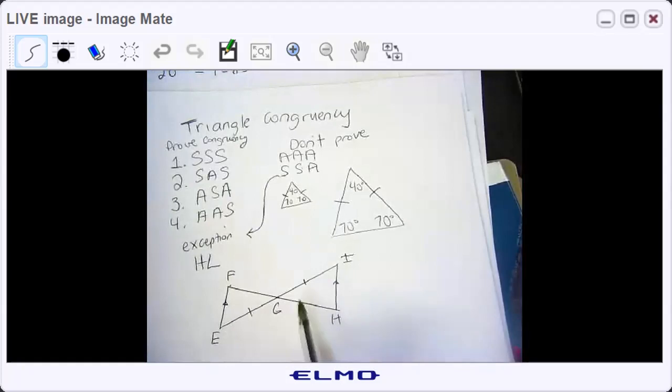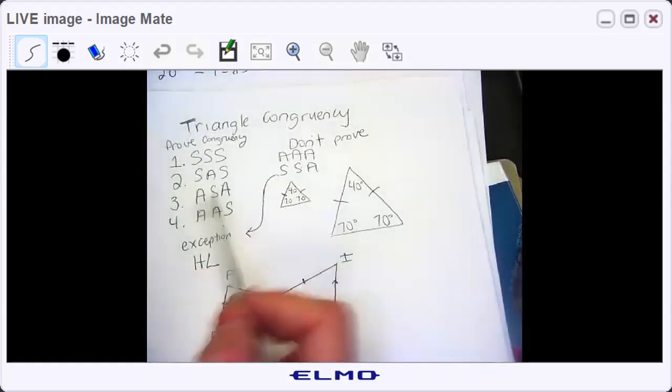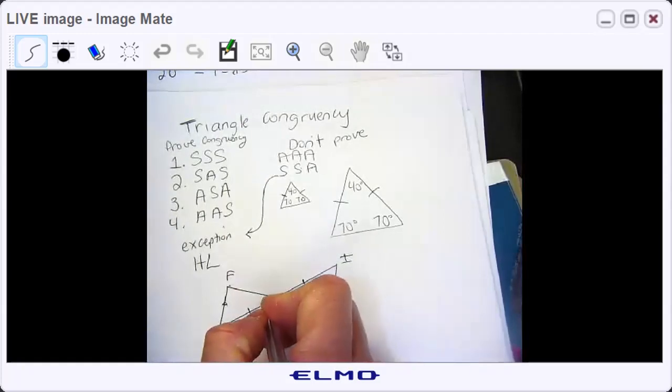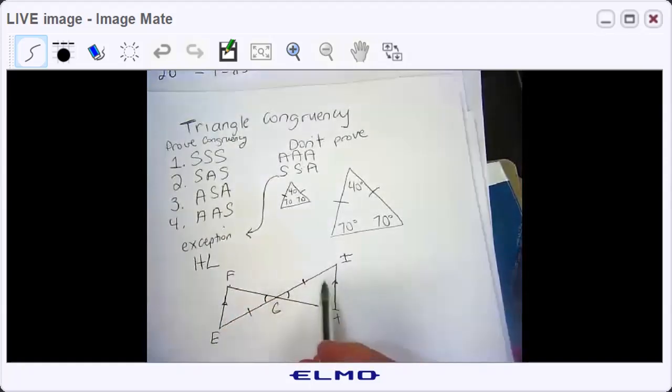And if you look at the triangles, this triangle has one mark and this triangle has one mark. So a lot of students are tempted to say, no, we don't know because you said we had to have 3 marks. But we know we can mark these vertical angles, those angles that sit across from each other.